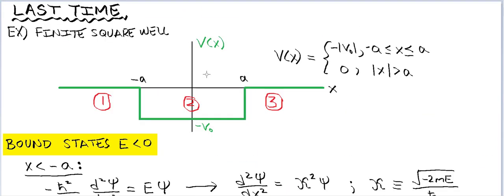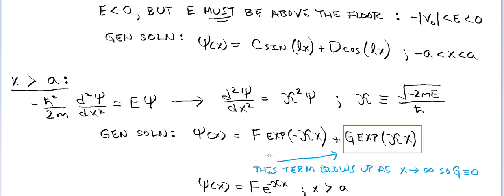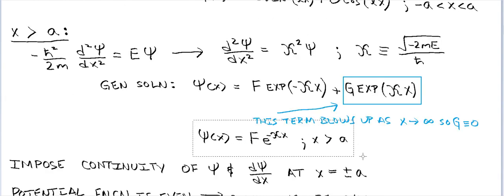In region 3, we could perform a similar operation and have the opposite problem though, right? This time the solution would blow up as x approached infinity, and so we set the plus kappa x term coefficient G to 0.